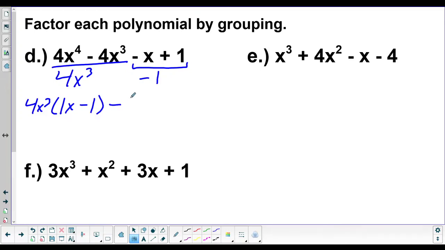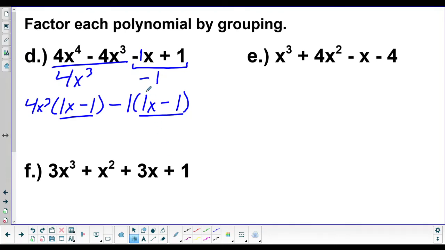So we're going to put minus 1, because that's the GCF we're dividing by. Negative 1 divided by negative 1 is 1, bring down our x. 1 divided by negative 1 is negative 1. Now this matches this like we want it to. So sometimes you're going to have to divide by a negative to change some signs.